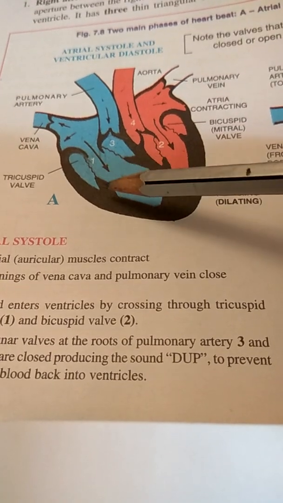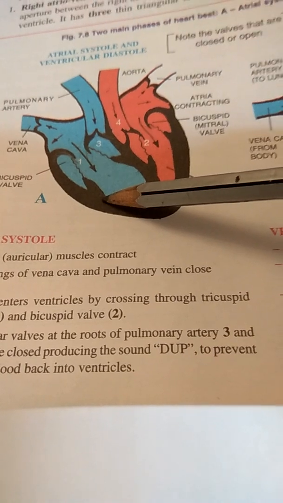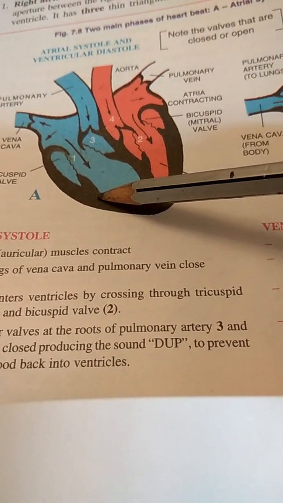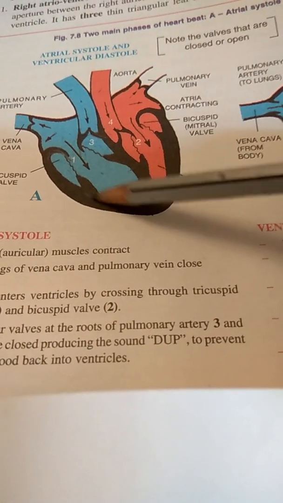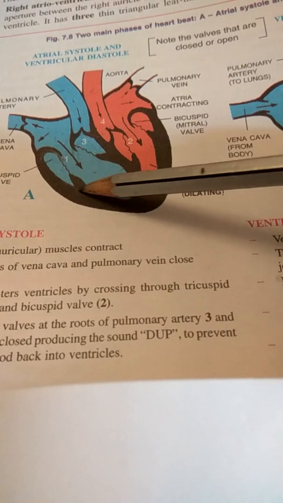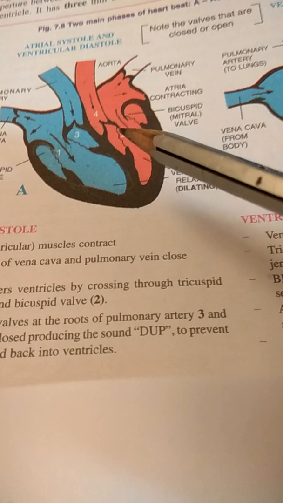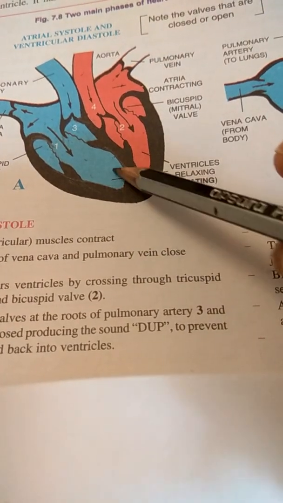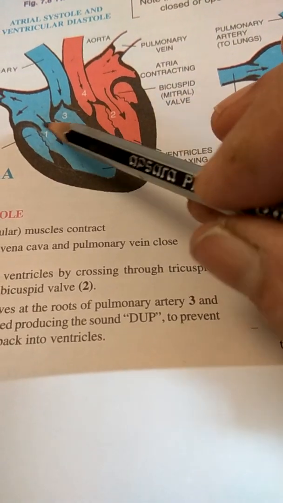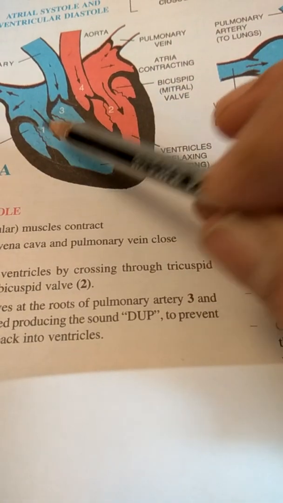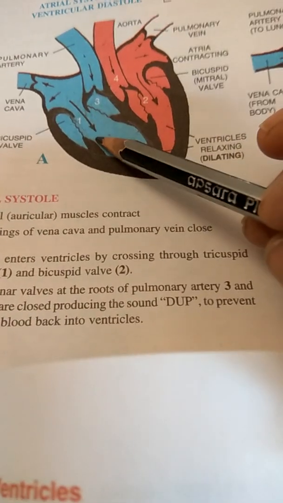These chordae tendineae arise from the inner walls of the ventricles having papillary muscles. The papillary muscles of the inner wall of the ventricle, not of the valves, give rise to these thread-like structures, and they hold this tricuspid valve in position.